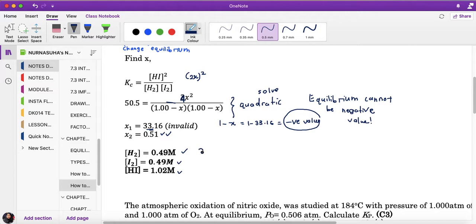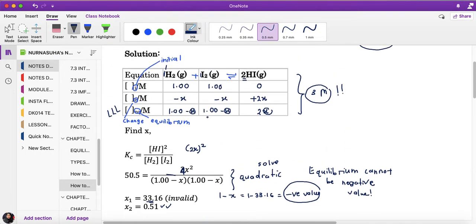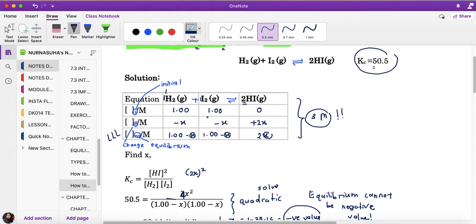So, this is concentration at equilibrium. So, that is what question was. Okay. So, now, yang ni penting ya. Penting untuk awak tahu, selesaikan kuadratik. Miss nak warning, untuk kimia, awak selesaikan kuadratik tu tak ada markah tau.